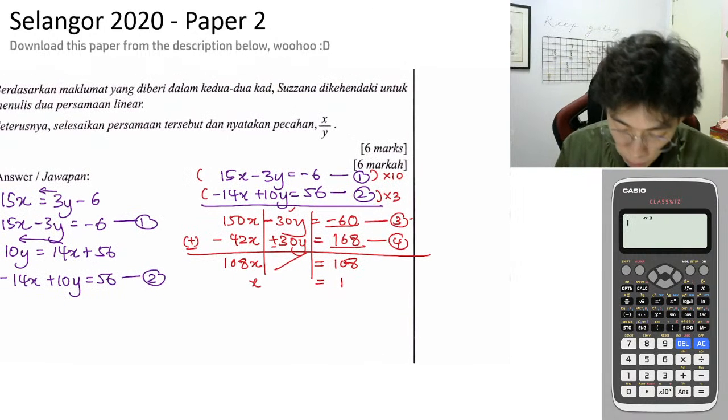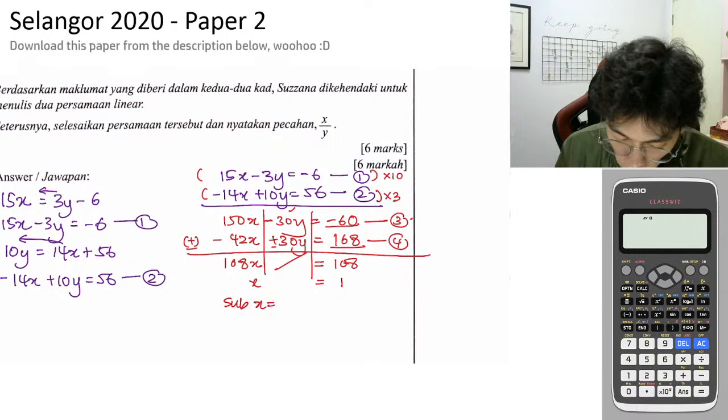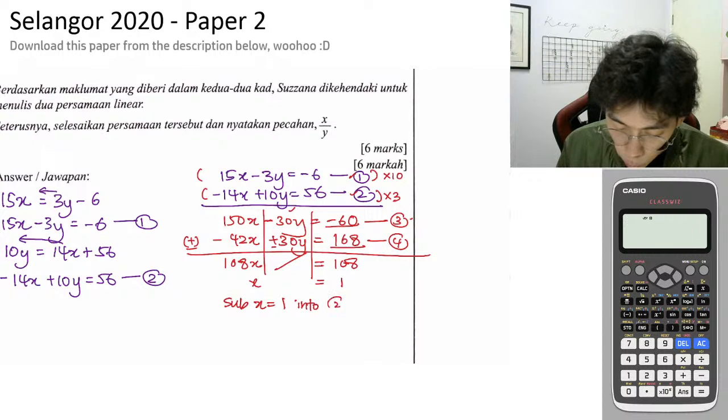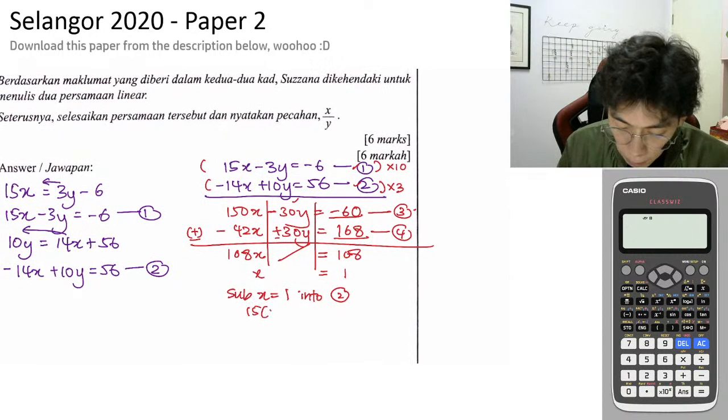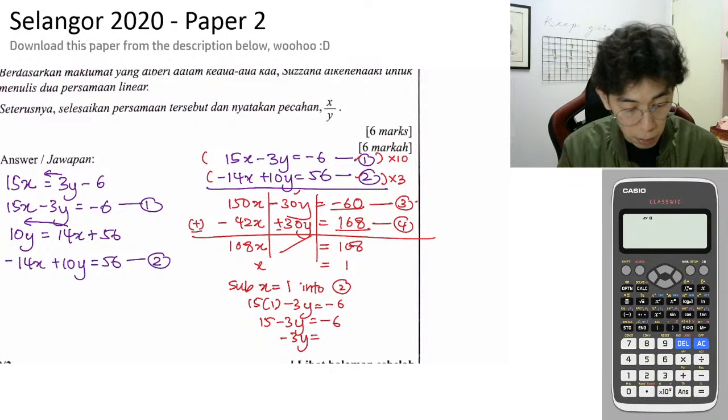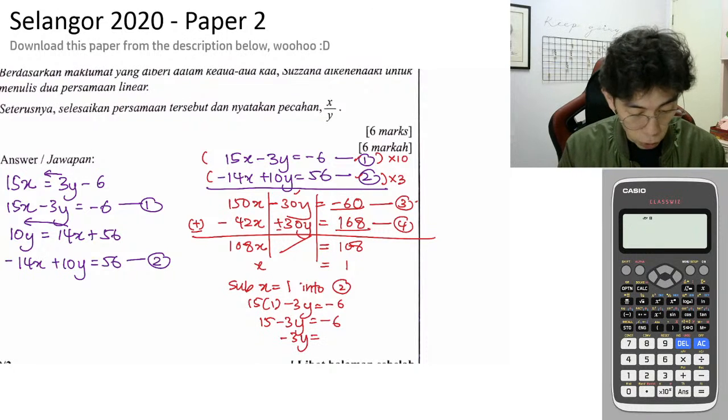Now sub x equals 1 into either equation 1 or 2. I sub into number 2: 15 times 1 minus 3y equals minus 6. 15 minus 3y, there's extra working. Go ahead and skip if you want. I already mentioned that, so don't say, teacher, why are you so long? Of course.